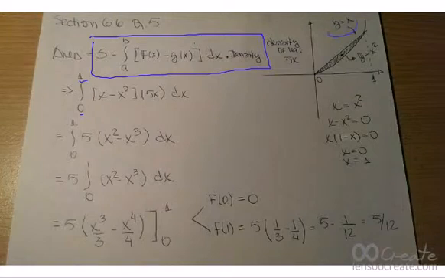So the line on the top is y equals x, so that's x, minus the bottom one, and the bottom line was y equals x squared. So that's how I got this portion here, and then just multiply by the density.